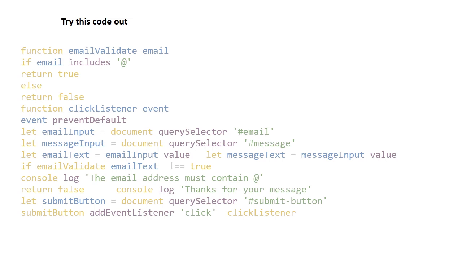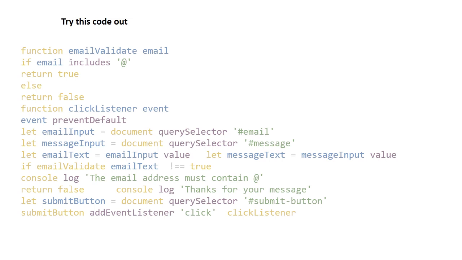Try this JavaScript code and see how it will work out. Function isEmailValid(email): if email includes the @ character, return true, else return false. Function click listener event. Event.preventDefault. Let emailInput be document.querySelector email, and let messageInput be document.querySelector message.